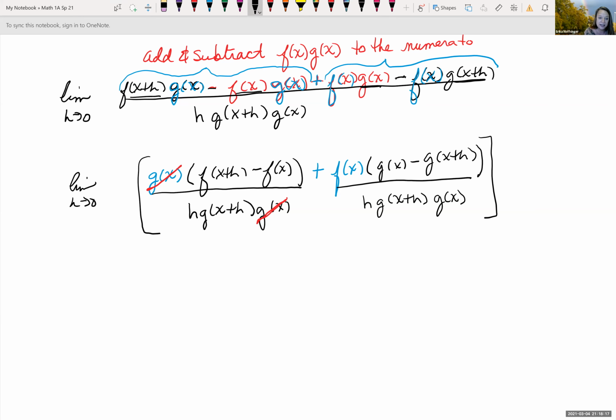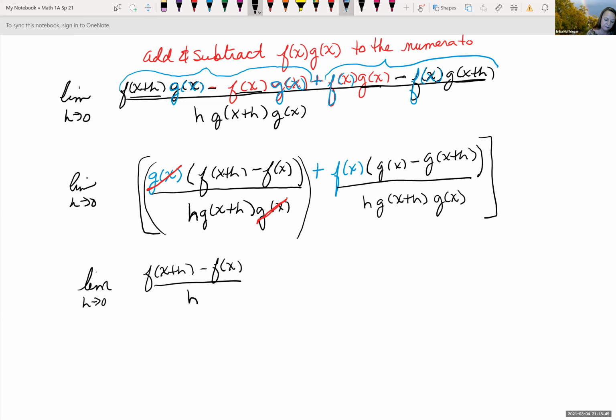I notice our g of x canceled for both of those in our numerator and denominator. And so notice that what we have here, I'm going to rewrite this first fraction. I see the derivative of f of x there. So the limit as h goes to 0 of my numerator, f of x plus h minus f of x all over h. I want to write it so that it's equivalent to this.